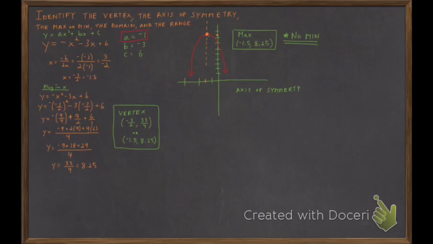So the x-coordinate of our vertex is right here. I'll say x equals negative 1.5. So we say the axis of symmetry is at x equals negative 1.5.